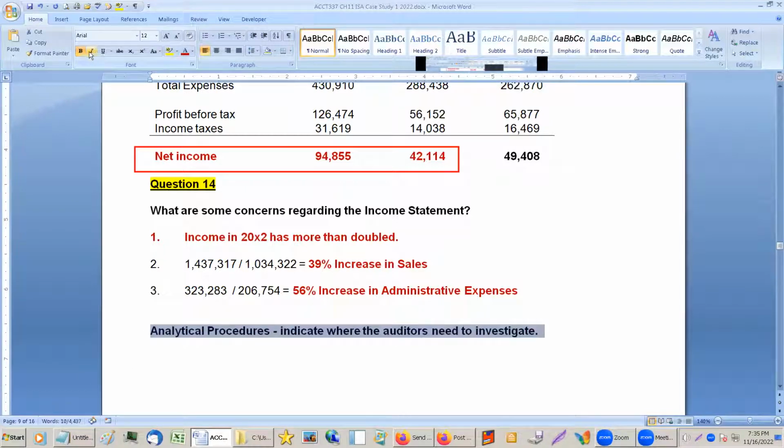They do not, in and of themselves, usually indicate that there's a fraud.